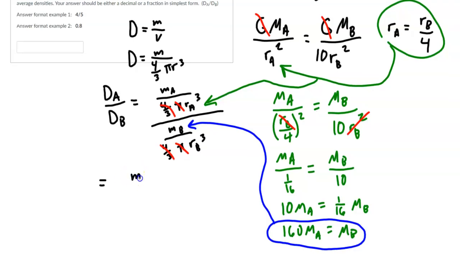All right, so MA divided by RB over 4 cubed, that's going to be divided by, we have to replace MB with 160 MA, divided by RB cubed. Scroll down a bit here.